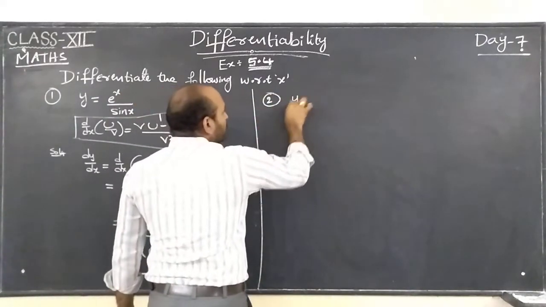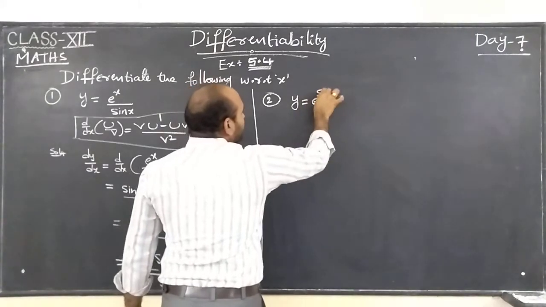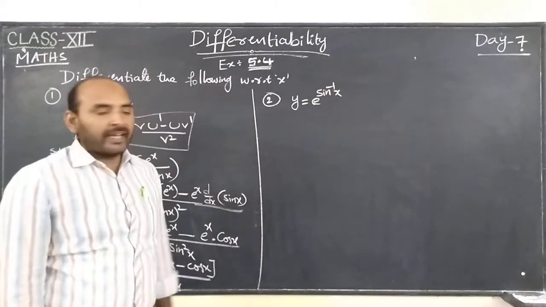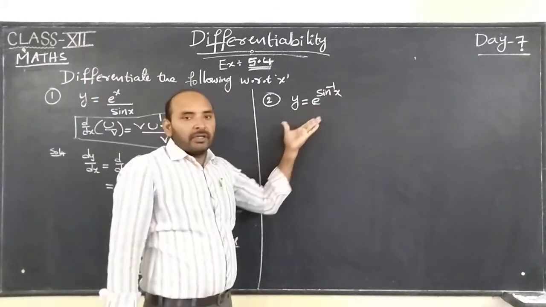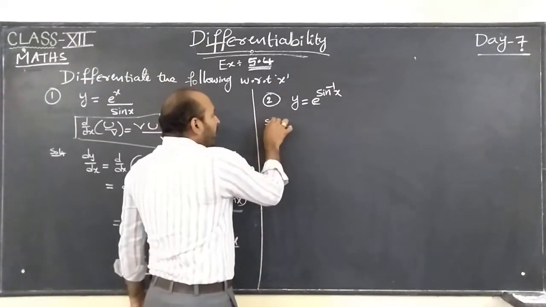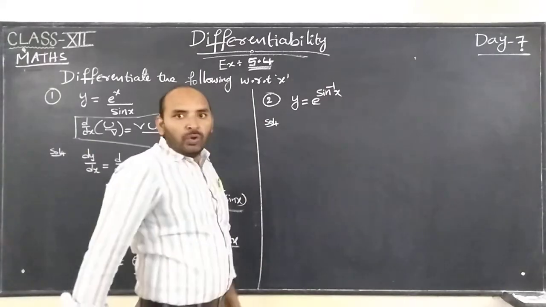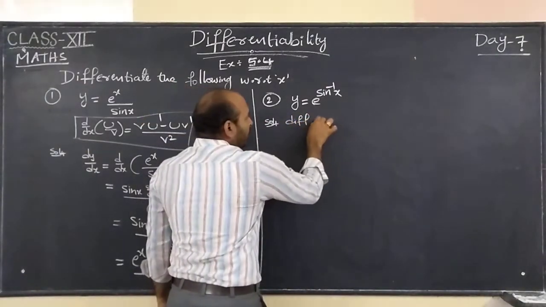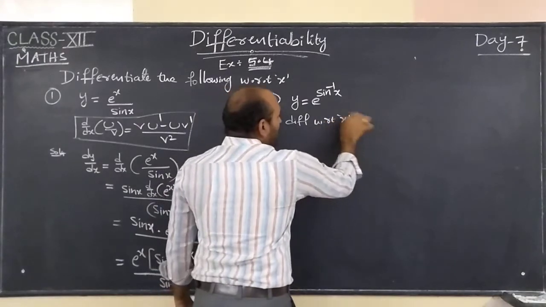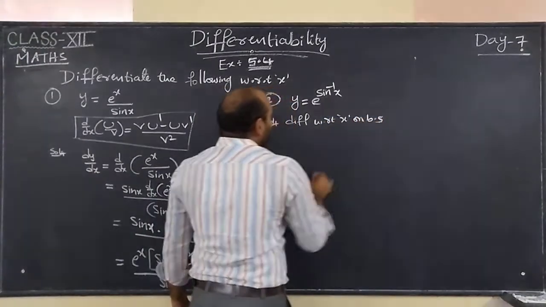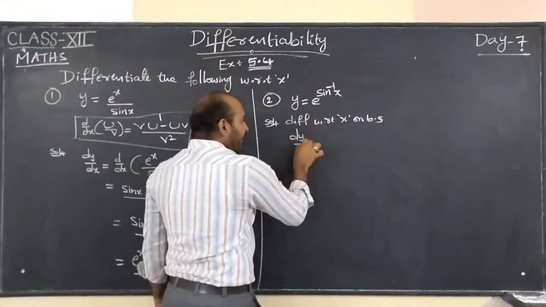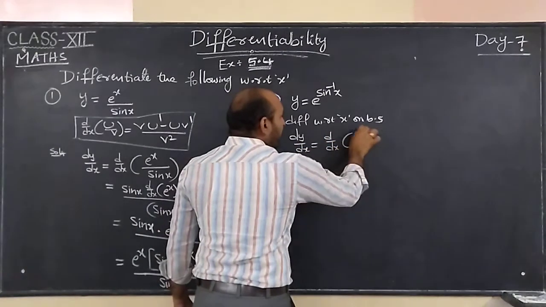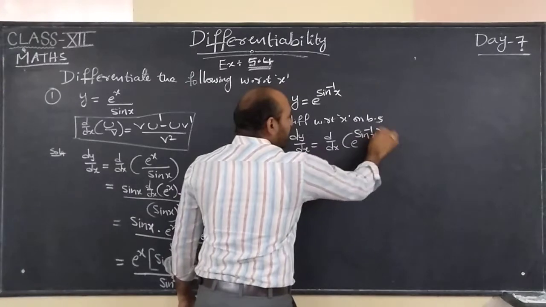Let y is equal to e power sin inverse x. This is the function. Here differentiate with respect to x on both sides, that is dy by dx, which is equal to d by dx of e power sin inverse x.